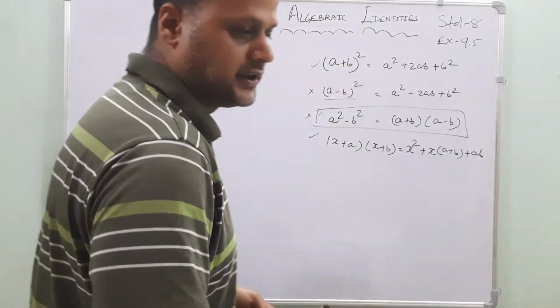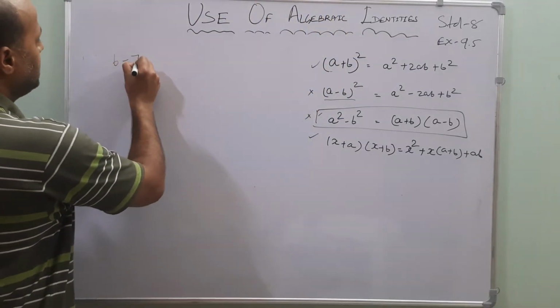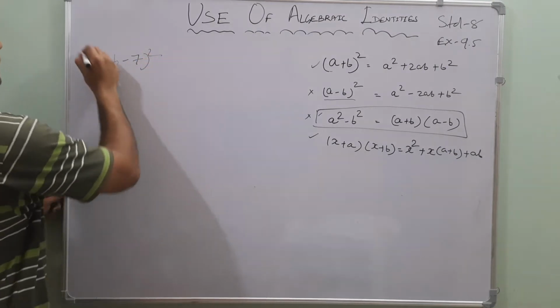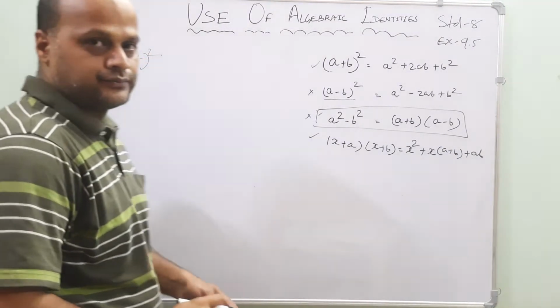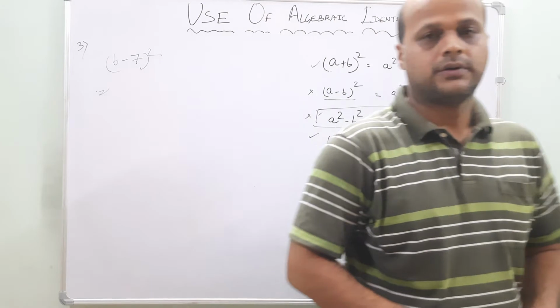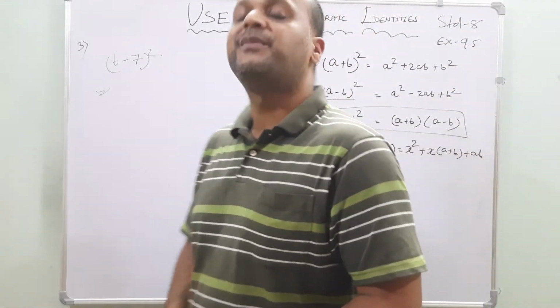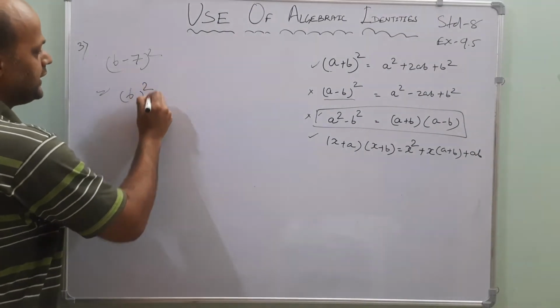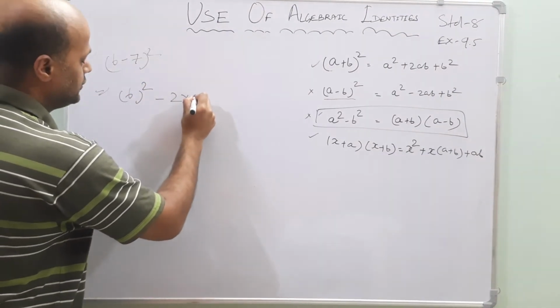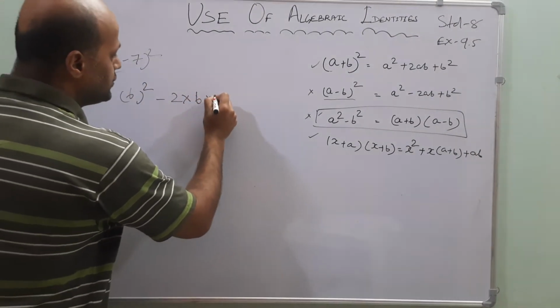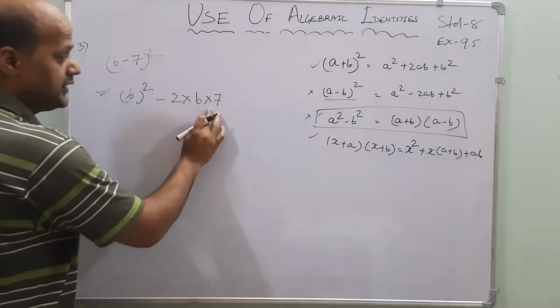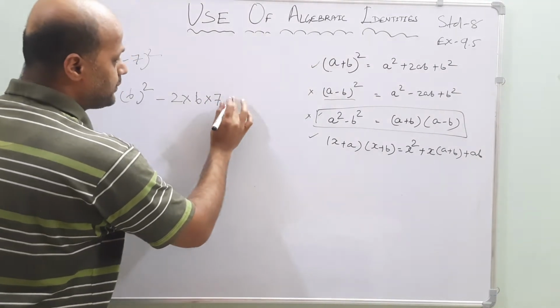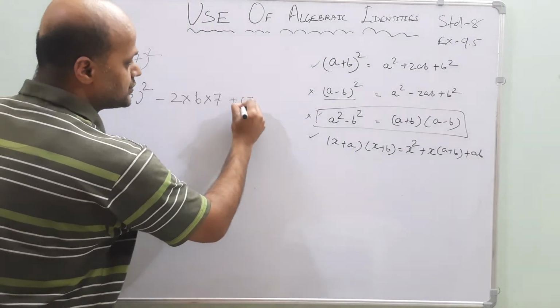First one is b minus 7 whole square. Who will tell me what formula it is? Very good, Aditi. It is a minus b whole square. Directly you can do it: a square minus 2ab plus b square.